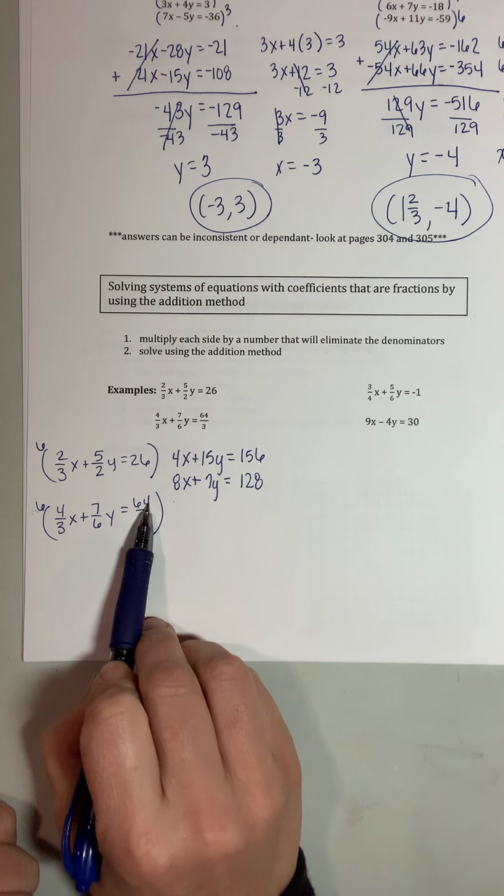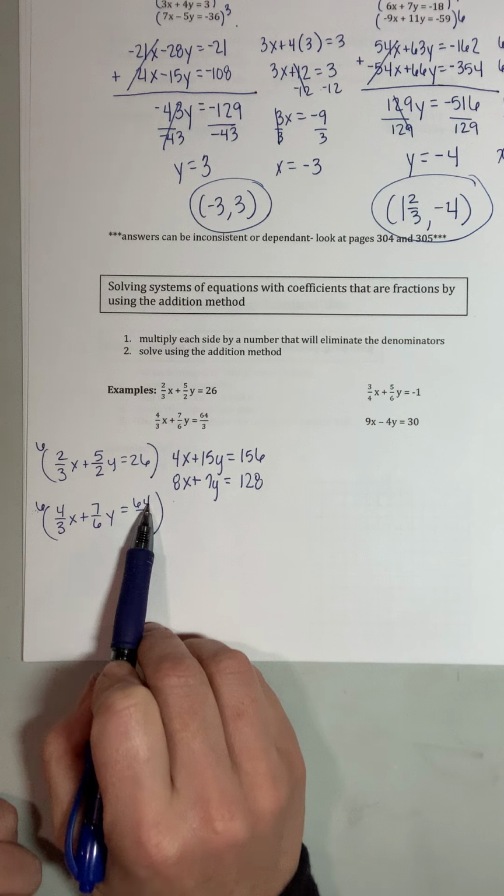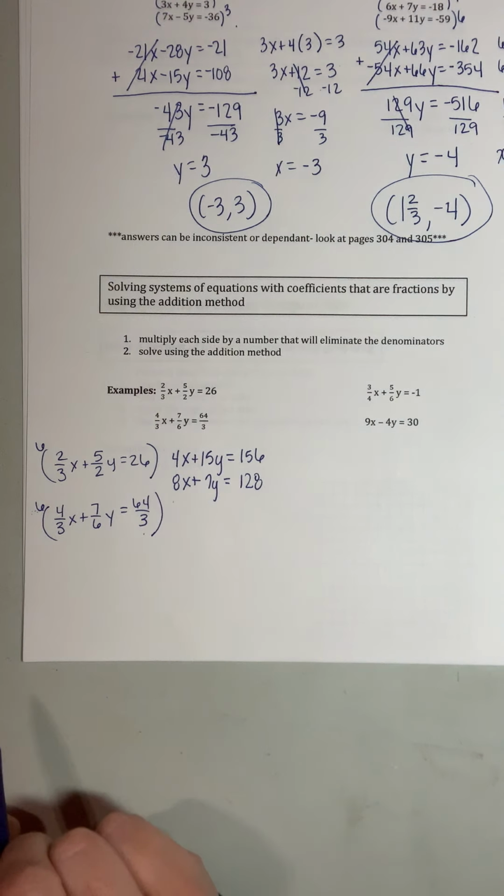So I did 6 times 64 and got 384. 384 divided by 3 is 128.